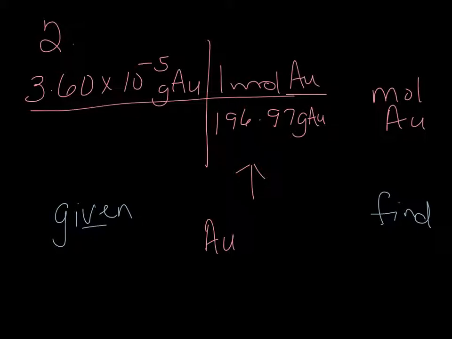I put the grams on the bottom because bottom units and top units will cancel each other out. And if I now do this math, I'm going to take 3.60 times 10 to the negative 5th and divide by 196.97.